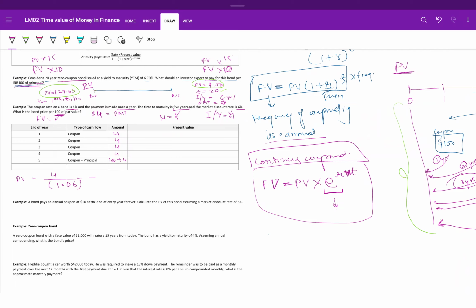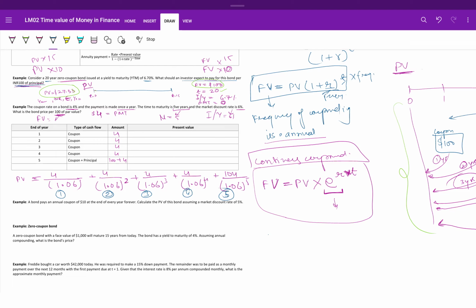The second 4 we are going to discount by the square of 1.06, the third one we are going to cube, the 4 by 1.06 to the power 4, and 104 by 1.06 raised to the power 5. This is what we are going to plug in here. So this is 1, 2, 3, 4, 5.